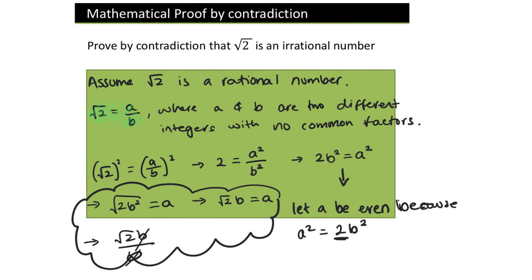If a is even, that means we can represent a as 2n. So a equals 2n, okay? Because we're saying that a is even. What does n equal? We're saying that n is an integer, right? So where n is an integer.